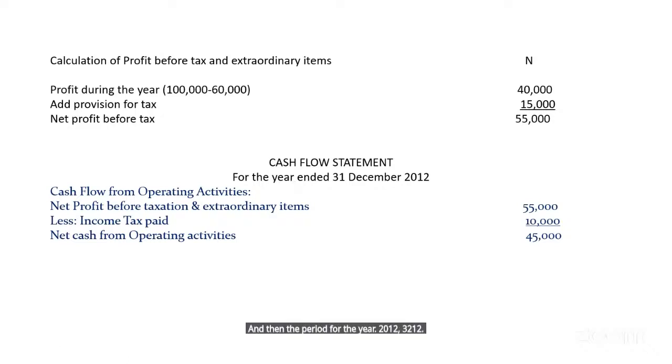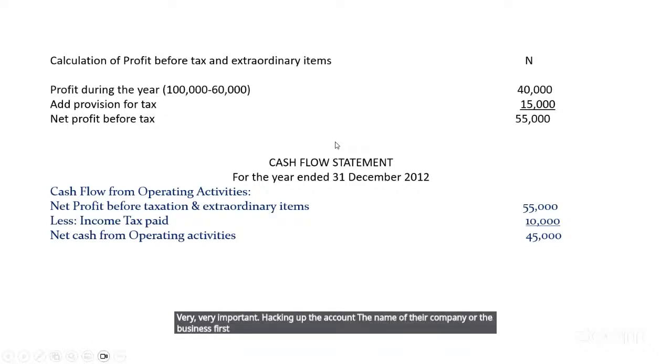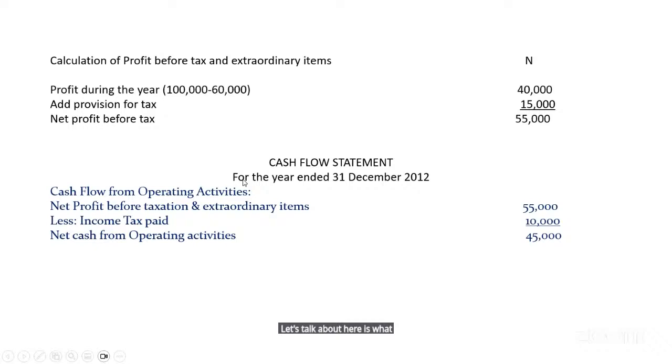Very, very important. First the name of the company or the business, then the title of the account you're preparing. In this case, we're preparing a cash flow statement or statement of cash flow. The period is for the year ended 31st December 2012.